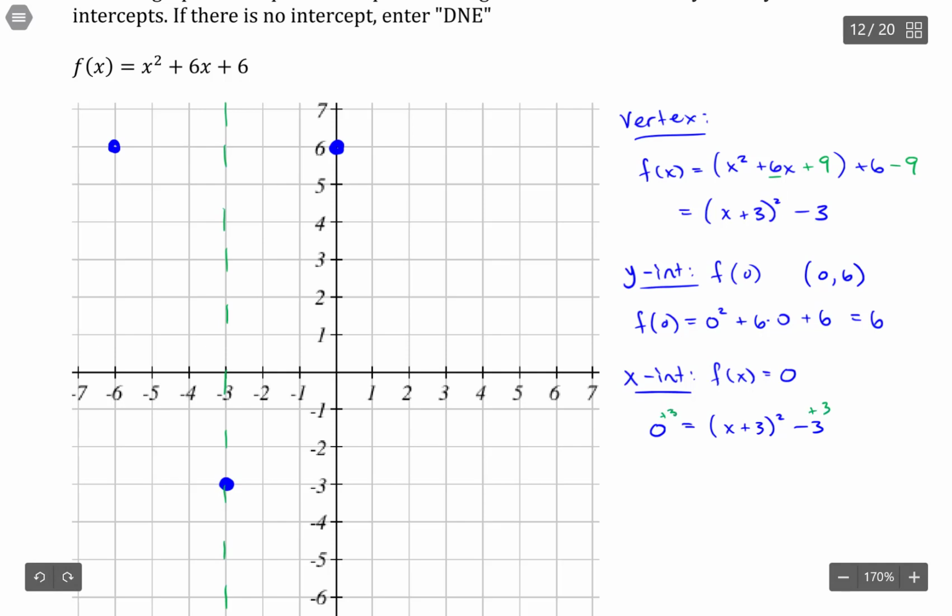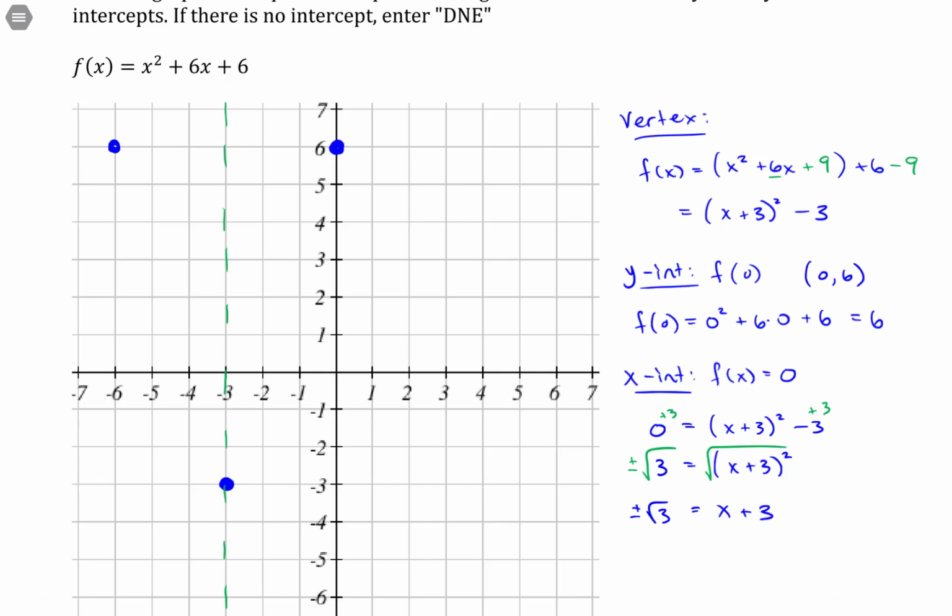All we would have to do is add 3 to both sides, which gives us 3 equals x plus 3 quantity squared. Then take the square root of both sides, but whenever you take the square root involving a variable, do be careful to use the plus or minus square root. So this is plus or minus the square root of 3 equals x plus 3, and then subtract 3 from both sides. So x equals -3 plus or minus the square root of 3.